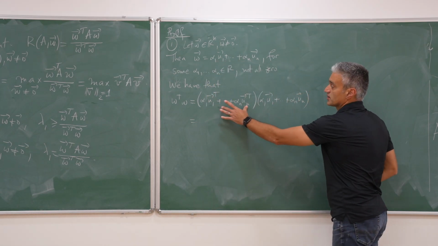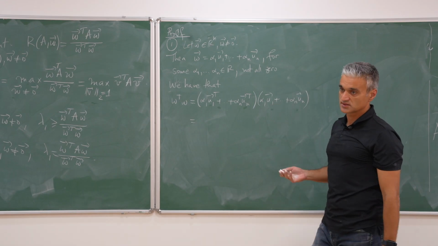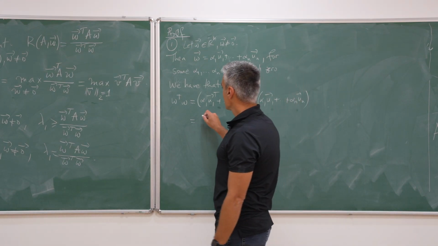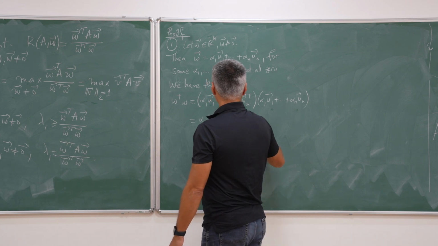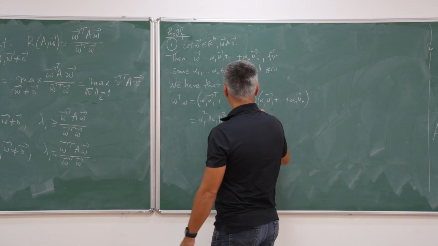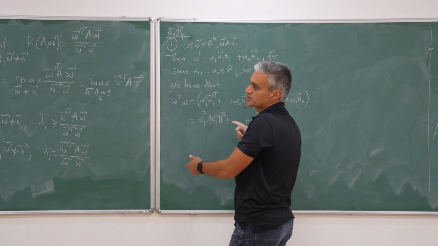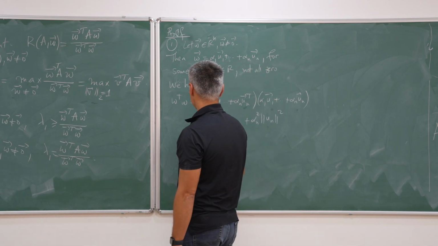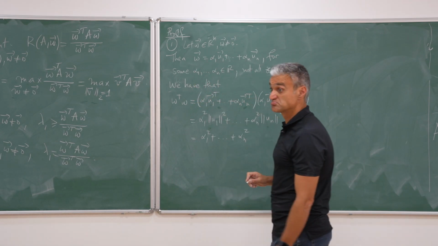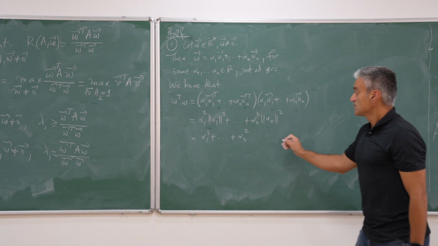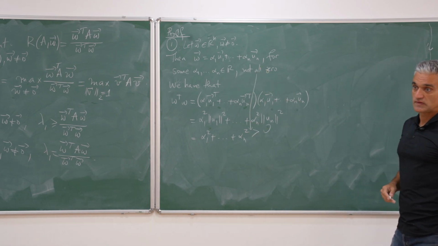When these vectors meet, only the ones that have the same index survive, and you'll have alpha 1 squared times the length of U1 squared, plus up to alpha n squared. But all these lengths are 1, that's why you take unit vectors, because it makes your life easier. So it's going to be alpha 1 squared plus ... plus alpha n squared. And this is going to be positive because not all of them are 0.